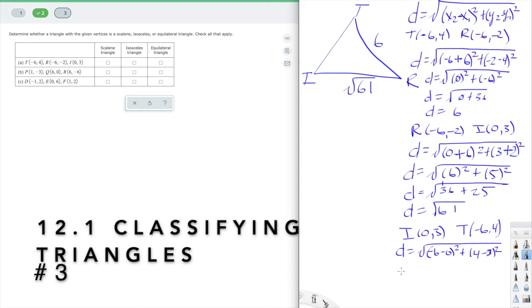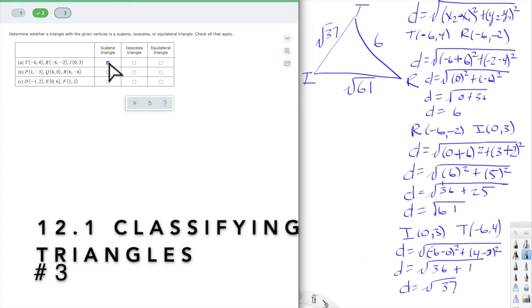Distance equals 36, because negative 6 minus 0 would be negative 6, and 6 squared is 36. I went ahead and did that all in one step instead of writing it out like I had been. Then I have 4 minus 3, which is 1, and 1 squared is 1. So I end up with the square root of 37. All three sides are different, so this one is scalene.